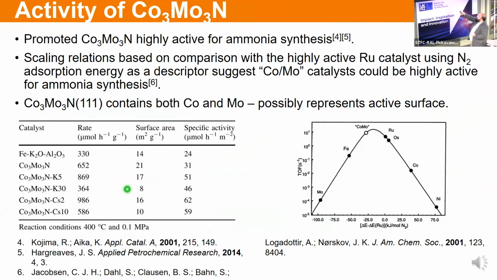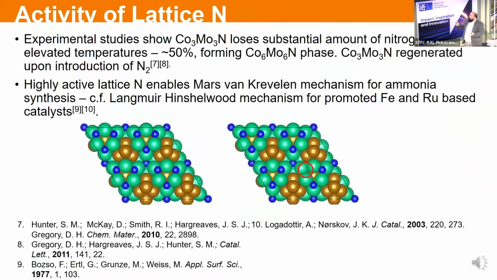So that's one possibility for the enhanced activity of the cobalt molybdenum nitride, because we have this cobalt molybdenum environment. On the other hand, we also have this alternative possibility of utilizing the activity of lattice nitrogen. The experimental studies conducted in Justin's group show that cobalt molybdenum nitride loses a substantial amount of nitrogen at high temperatures. Up to 50% of lattice nitrogen can be evolved to the gas phase, and the original Fe3Mo3N system can be regenerated upon introduction of nitrogen as a kind of nitrogen looping material.